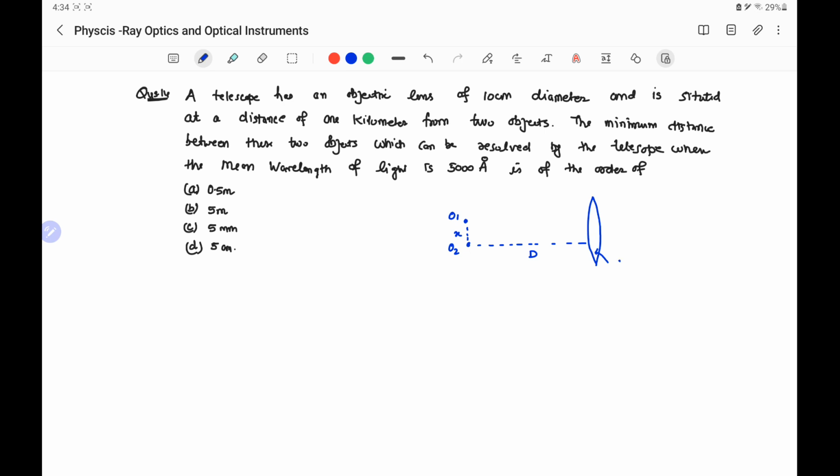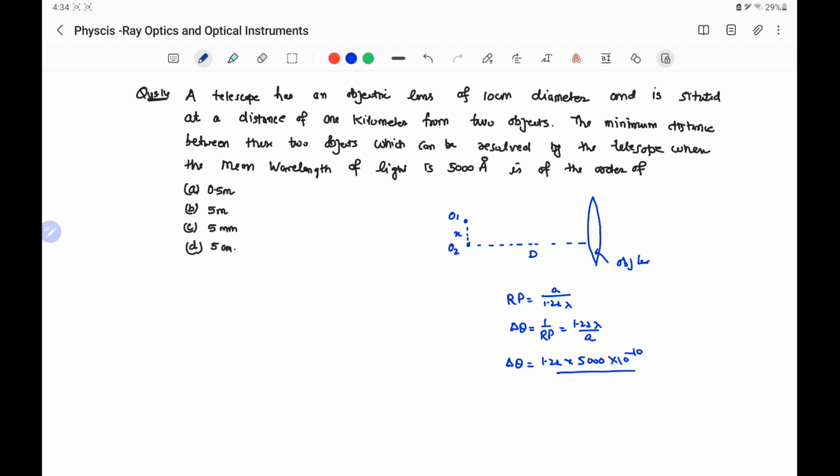This objective lens of the telescope has resolving power equal to A by 1.22 lambda. So angular separation delta theta will be equal to 1 by resolving power, that is equal to 1.22 lambda by A, where lambda is the wavelength of light and A is the diameter of the lens. Wavelength of the light is given as 5000 angstrom, so it is 5000 into 10 power minus 10 meter.